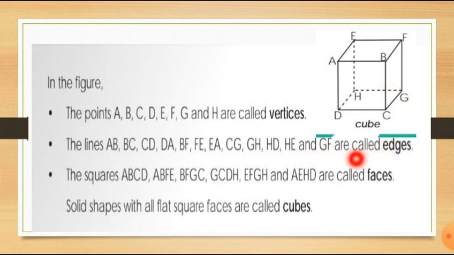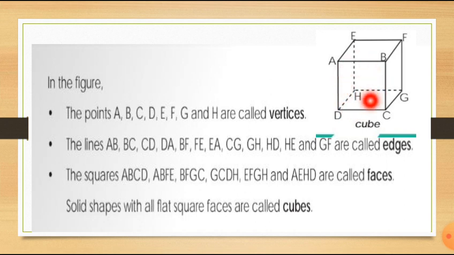Okay, children? And then the faces, that is this plain shape you can see here, isn't it? A, B, C, D, a square shape you can see here. So, this surface is called the face of this cube.